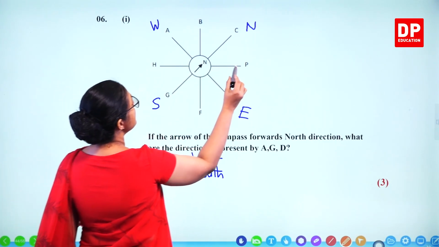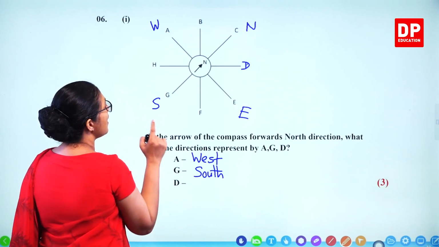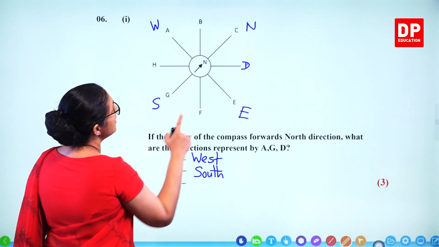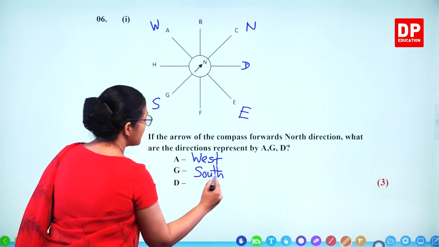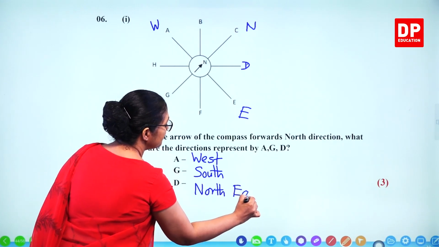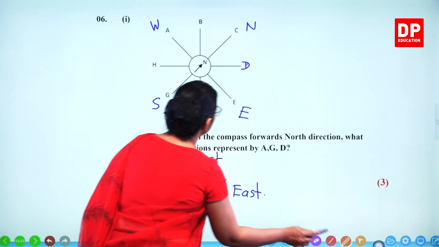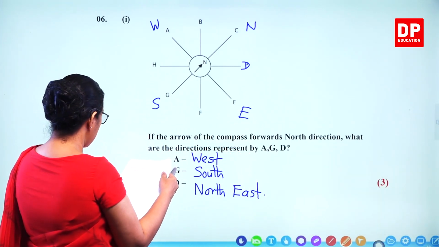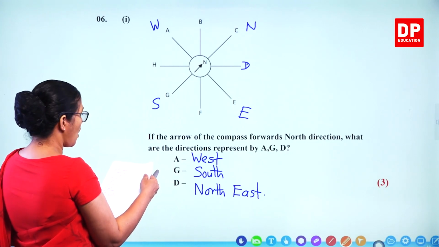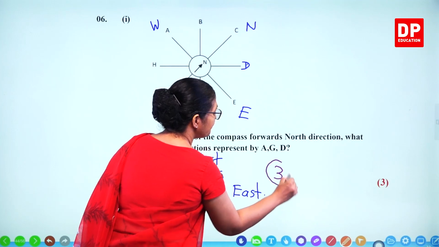A, B, C, D. This is D, not P. F, G, H. Yeah. D is in between north and east, northeast. So you get 3 marks. West, south, northeast. So 3 marks.